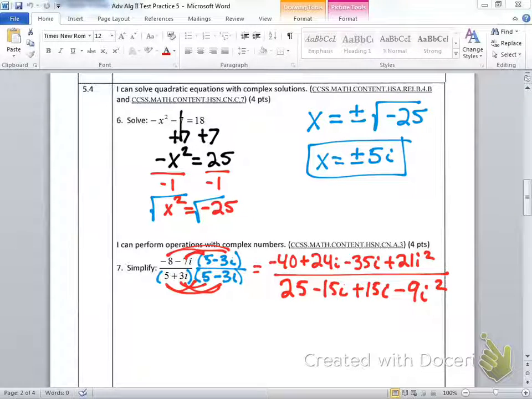Now, do you remember what we do with the i squareds? We make them negative 1. If you want to write that off to the side, i squared equals negative 1. Because it's the square root of negative 1 squared. So the whole trick is that you use the i squareds to get rid of your i's in your denominator.